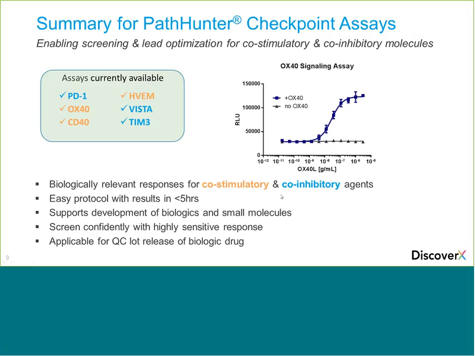And these assays all actually have a very simple, easy to use protocol with results in less than 5 hours, again enabling these assays to be utilized very effectively in screening and lead optimization campaigns to give you data responses very quickly in these approaches.